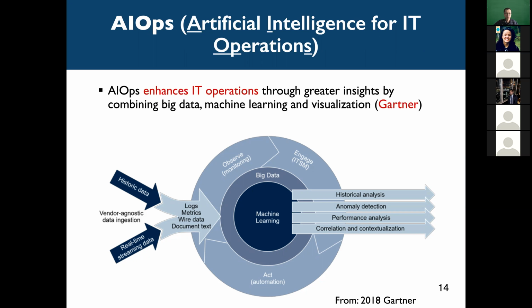So in one sentence, AIOps leverages artificial intelligence techniques to analyze the monitoring data and operational data to give suggestions for IT operations and to provide automation for IT operations.